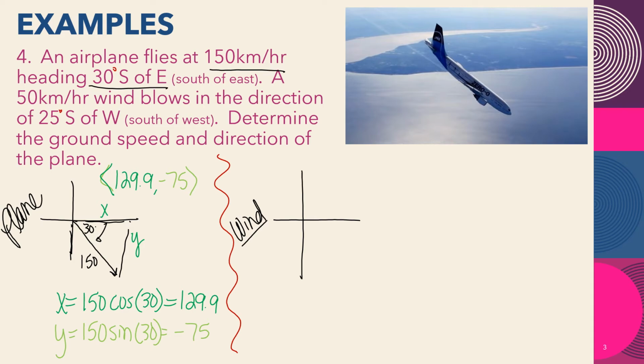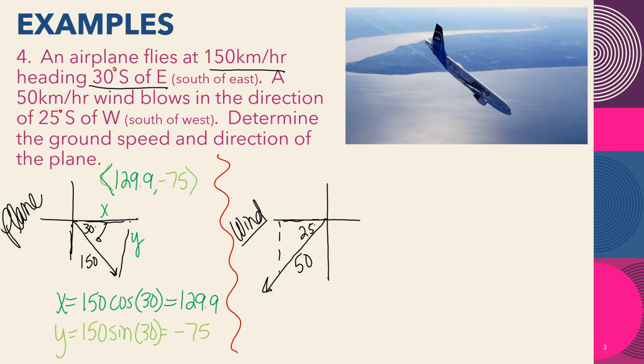So south of west, which means I need to travel west and then go south. There's my vector at 50, and in this case, they told us that it had a 25 degree angle. So 25 degrees is right here.